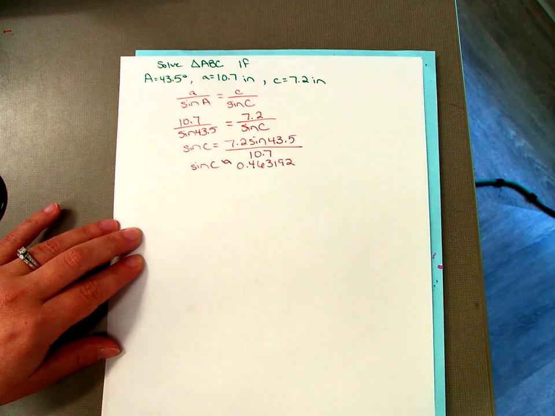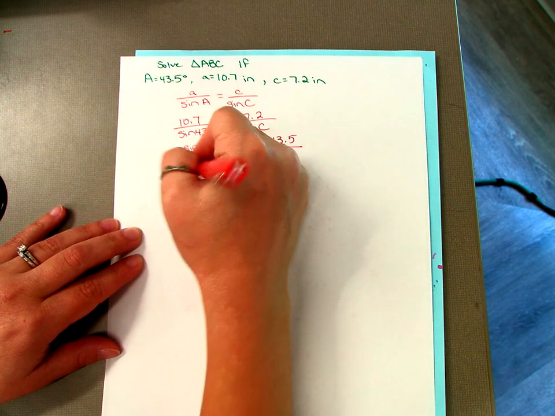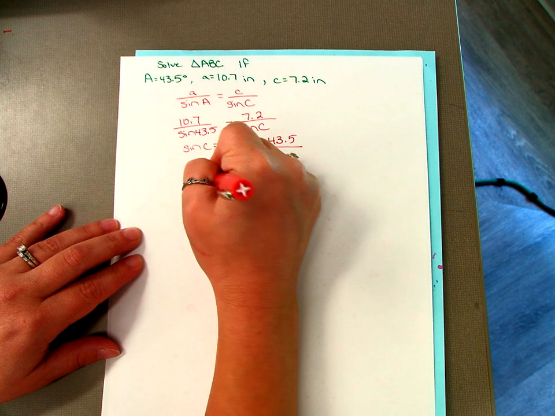Take the inverse sine, and we get C is approximately 27.6 degrees.